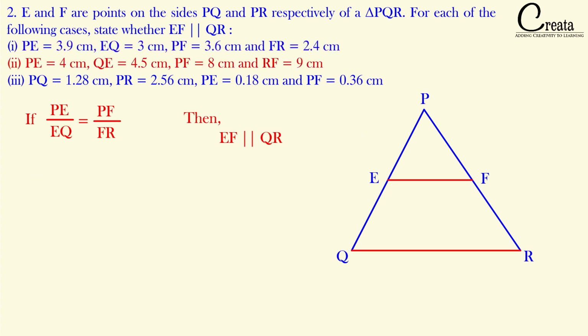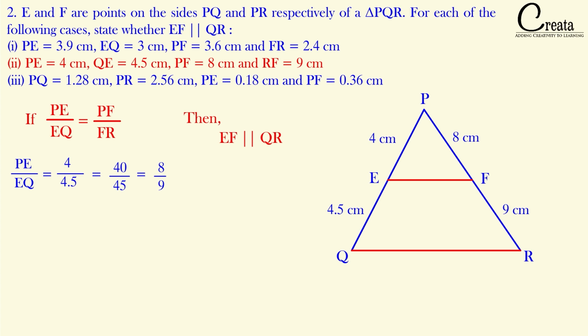Let's take the second part. Here also PE, QE, PF and RF are given. So we will use the same philosophy. We will check this ratio is equal or not. Let's find PE upon EQ, which is basically 4 upon 4.5, which is 8 by 9. Okay, we have removed the point.